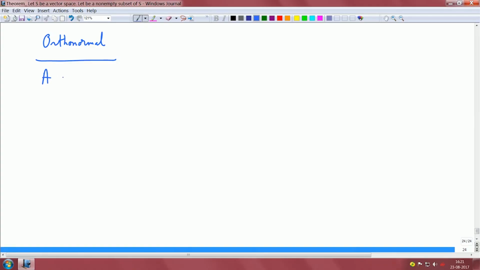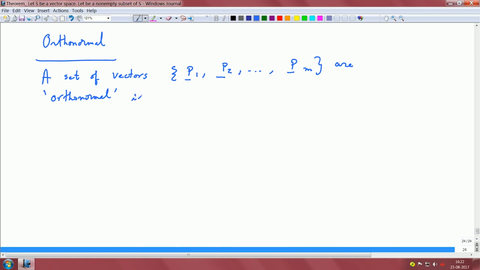So to formally define things, a set of vectors P1, P2 and so on till Pm are orthonormal if the inner product of Pi with Pj is delta ij for all pairs i and j.